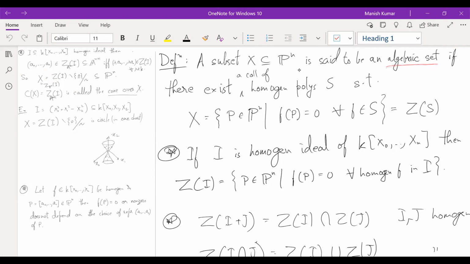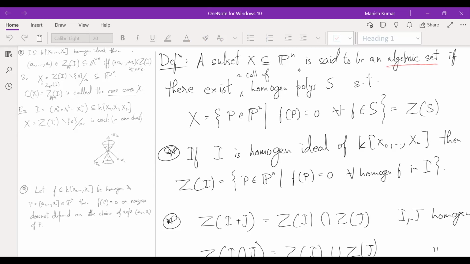So we just look at ideals instead of arbitrary subsets of polynomials. Here, since we are looking at the zero set of homogeneous polynomials, we should look at homogeneous ideals. So if I is a homogeneous ideal of k[x naught to xn], then the zero set of I is defined to be those points P in Pn such that F(P) is 0 for every homogeneous polynomial F in I.